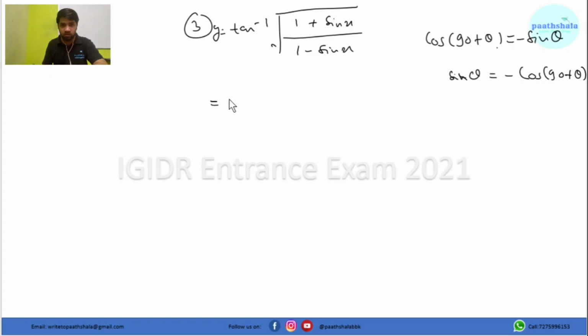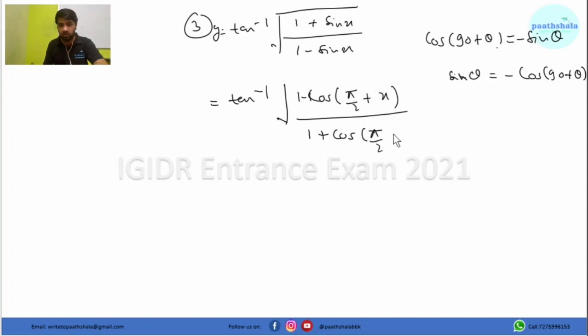So this way we can solve it like that, tan inverse under root 1 here it will come out to be minus cos of pi by 2 plus x, upon 1 plus cos of pi by 2 plus x. Now we can apply the half angle formula here as well.